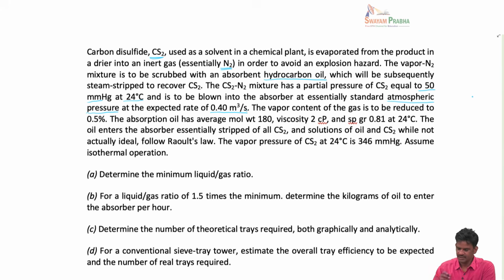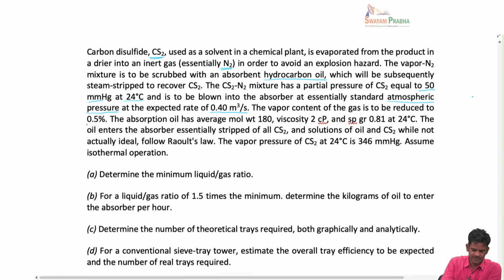The vapor content of the gas is to be reduced to 0.5%. So you can see that the inlet composition is given as 50 mmHg. From there we can get the mole fraction, and then the vapor content of the gas is to be reduced to 0.5%.